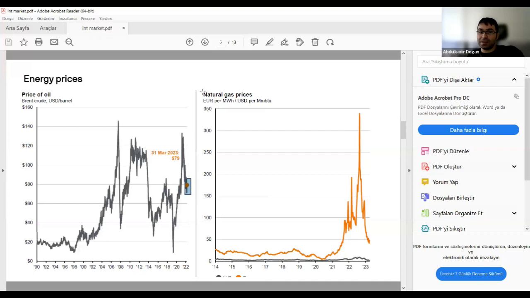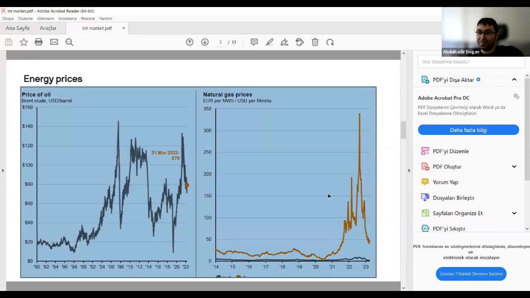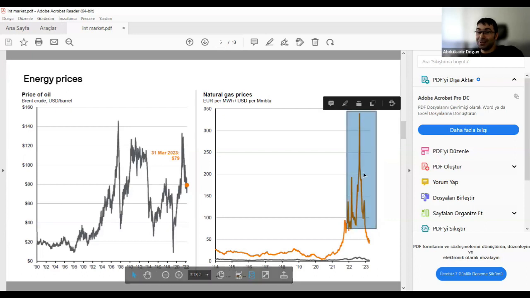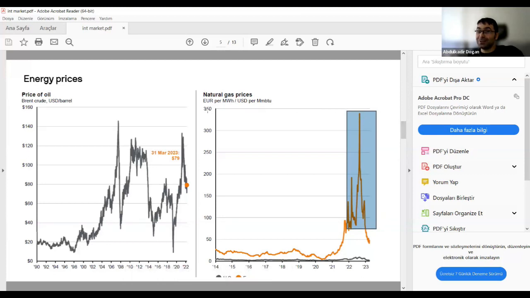And let's look at these natural gas prices. It is the same. As you see, Russia is the highest producer of natural gas. When the Russian-Ukraine war started, the natural gas prices increased to around 350 euro.